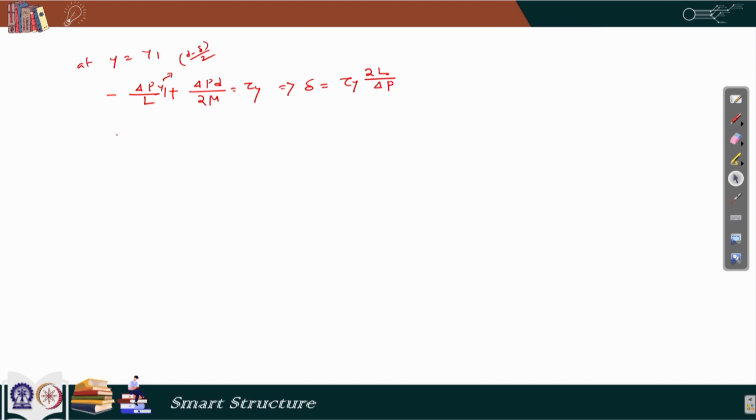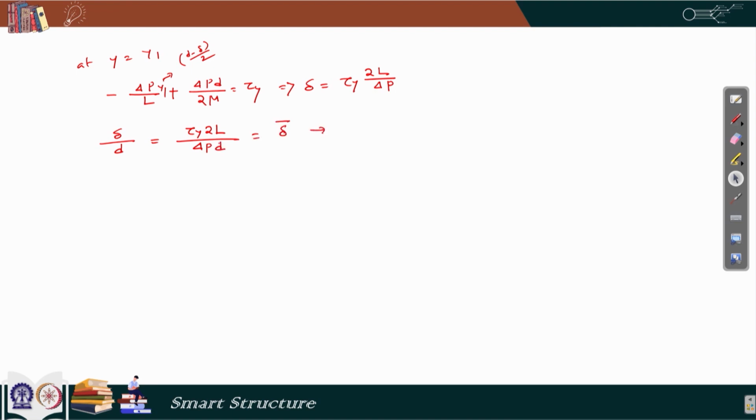Then we can define a non-dimensional quantity, delta by d, the plug thickness divided by the total thickness of the region, and that comes as tau y multiplied by 2 L divided by delta p and d. Let us call that delta bar.